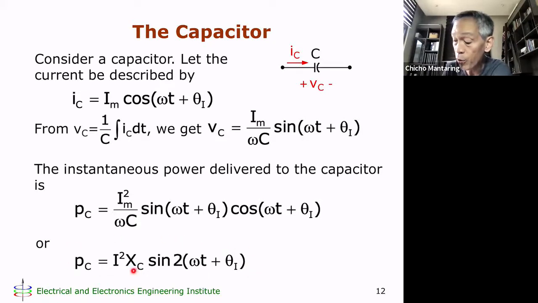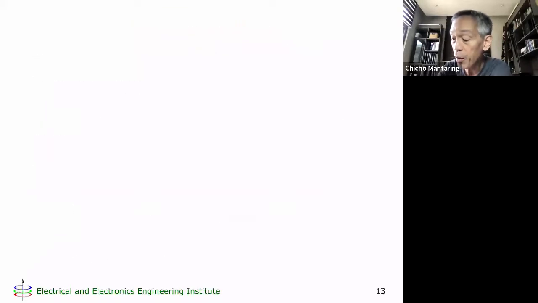And also knowing that 1 over omega C is equal to X sub C, I convert it to this form. So it is the same, the power delivered to a capacitor.